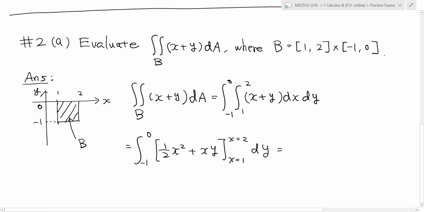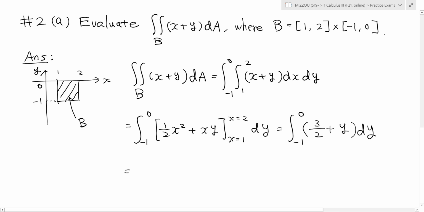Then you plug in 2 and 1, subtract, and simplify. You are supposed to get 3/2 plus y dy. Then you integrate with y, you get 1/2 y squared, evaluate from negative 1 to 0, and then you are supposed to get 1.